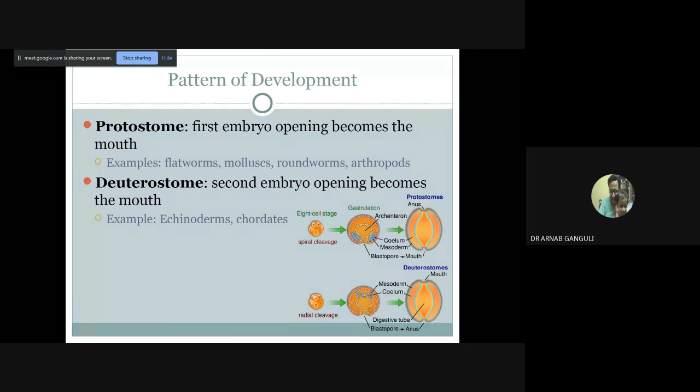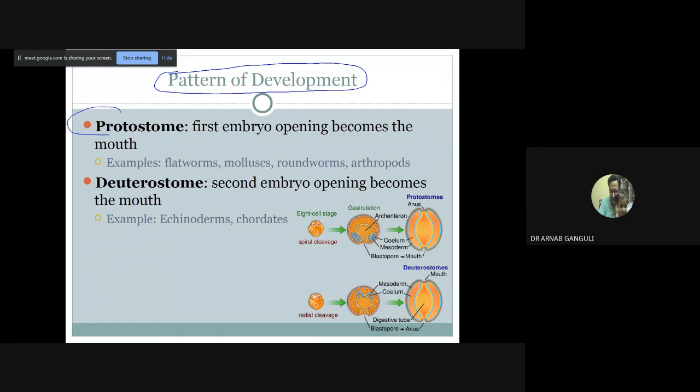The next part we will go to is the pattern of development. There are two patterns of development. The first is the protostome pattern of development, and the next is the deuterostome pattern. As you know, the single-cell zygote undergoes division and becomes the 8-cell stage.